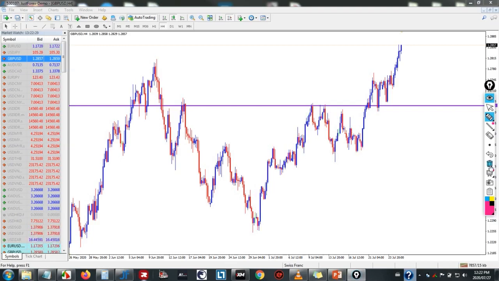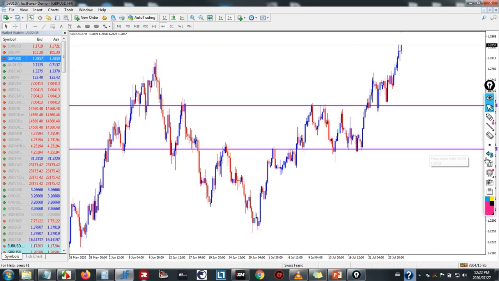I can even see a second place where the break and retest strategy could have been applied. So this is where we could have bought here for a continuation, and even bought here for a continuation.